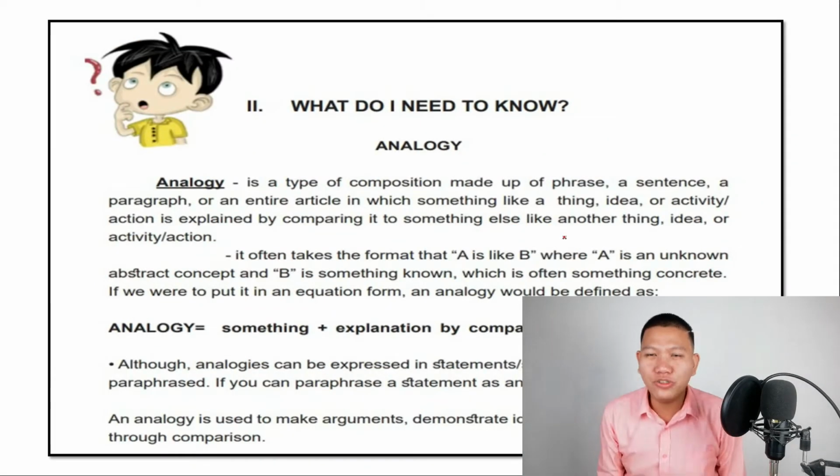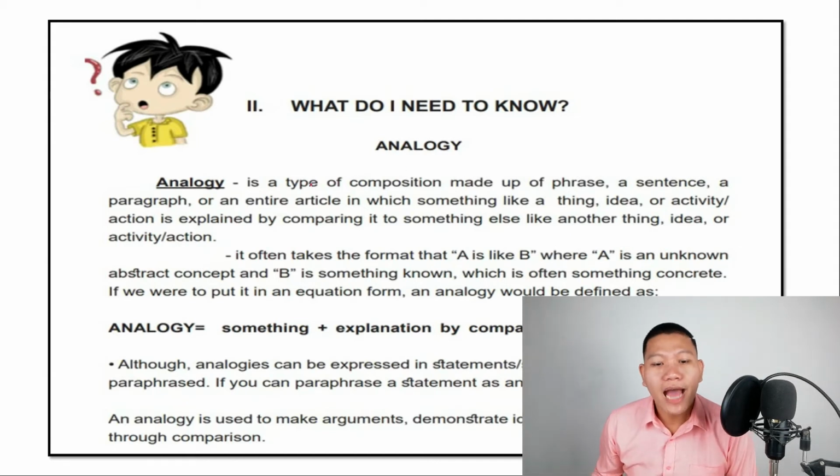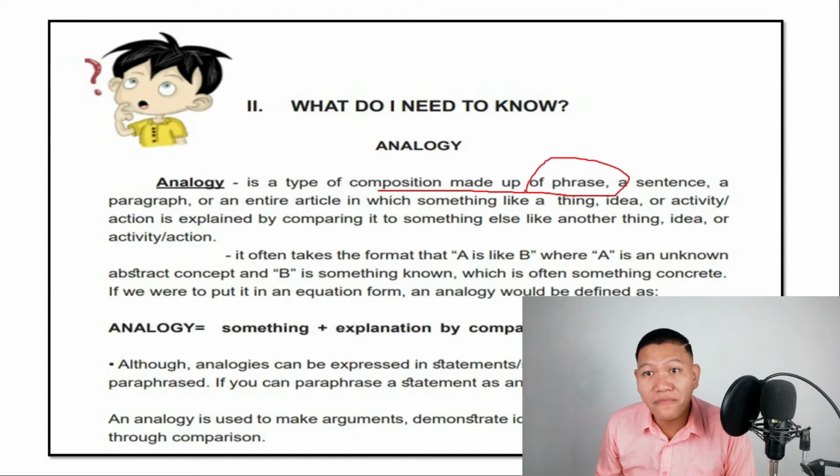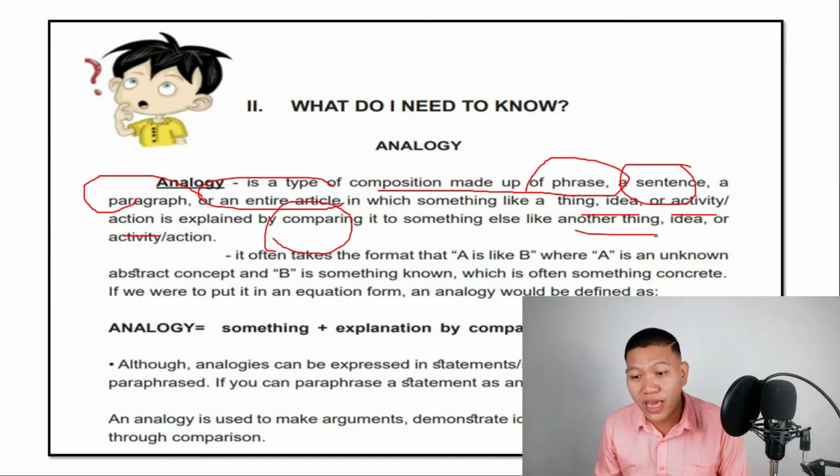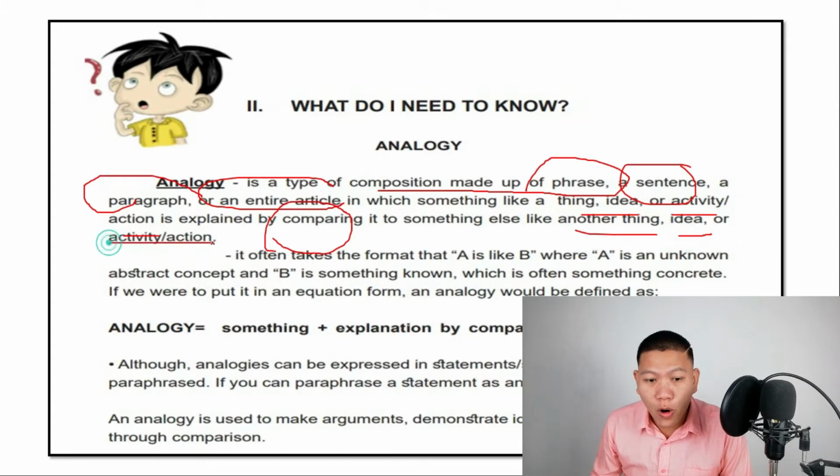So when we say analogy, allow me to read it. Analogy is a type of composition made up of a phrase, a sentence, a paragraph, or an entire article, in which something like a thing, idea, activity, or action is explained by comparing it to something else like another thing, idea, or activity.